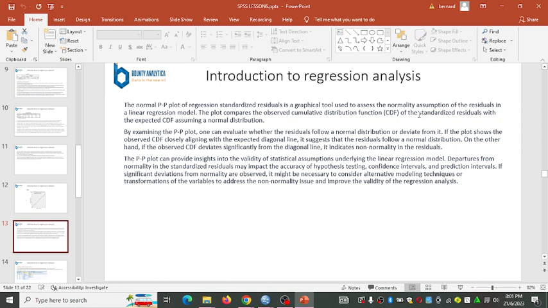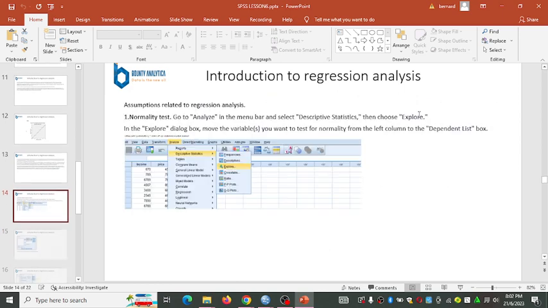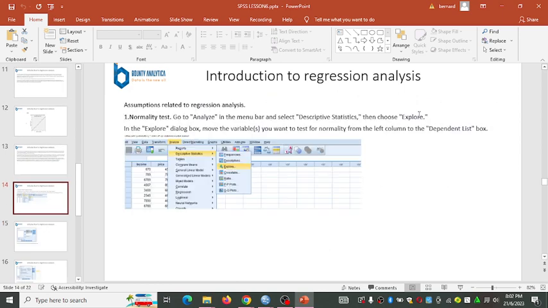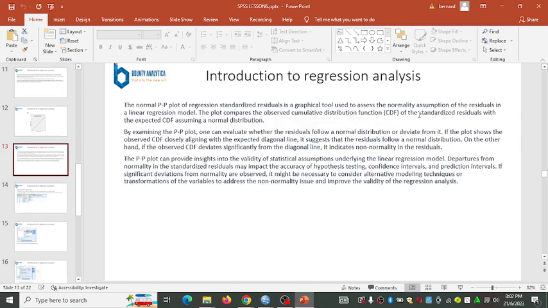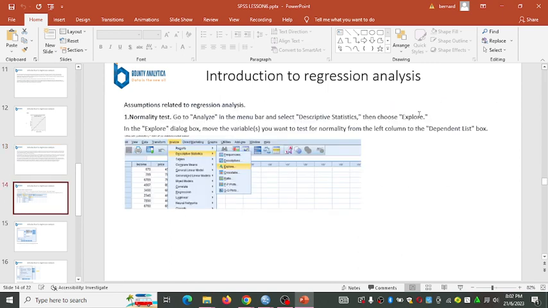Departures from normality in the standardized residual may impact the accuracy of hypothesis testing, confidence intervals, and predictions based on your analysis. So we have another technique that we use in regression analysis to test for normality, and we use, okay.